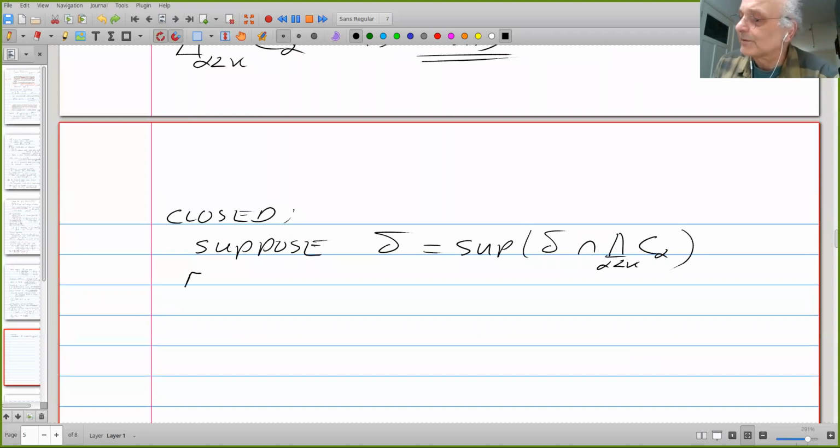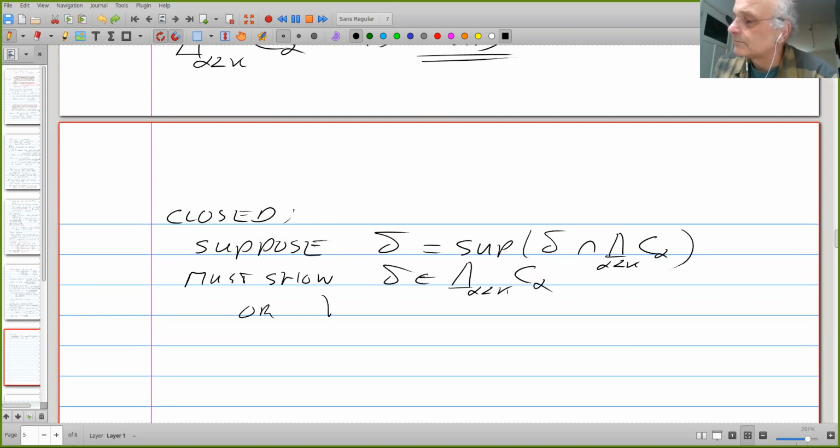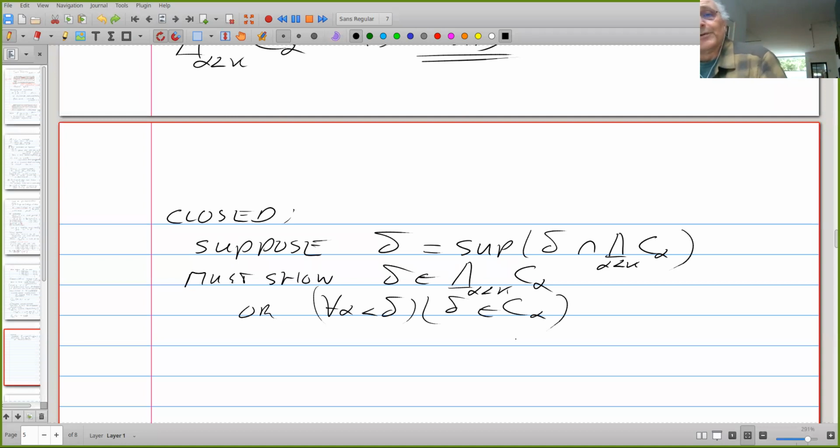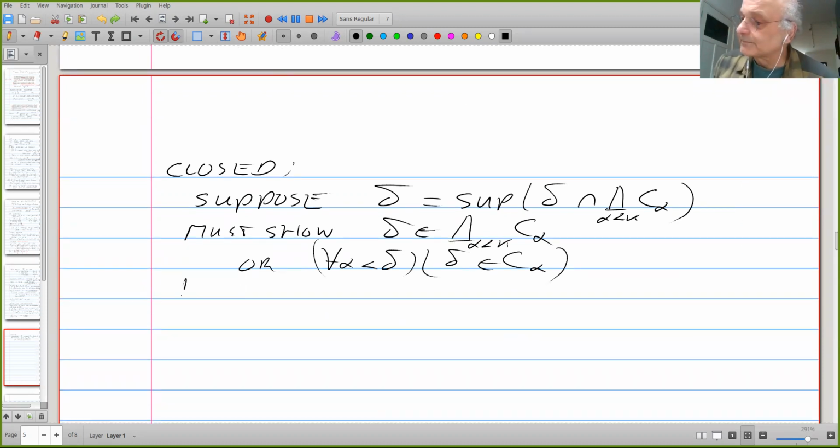So we must show that for every alpha less than delta, delta belongs to C alpha. Okay, well, let alpha be less than delta.